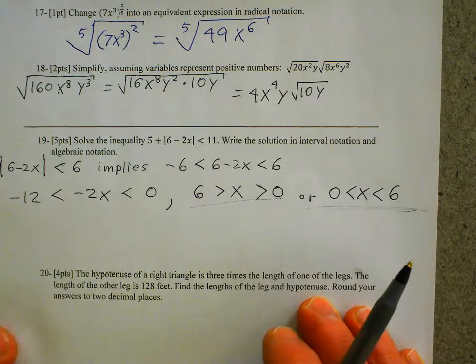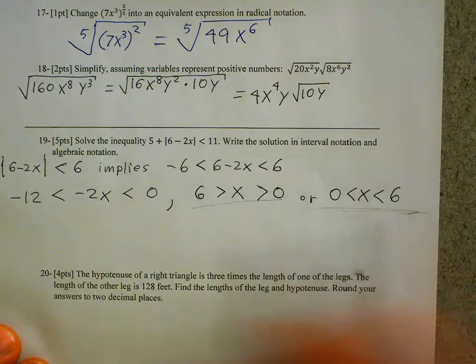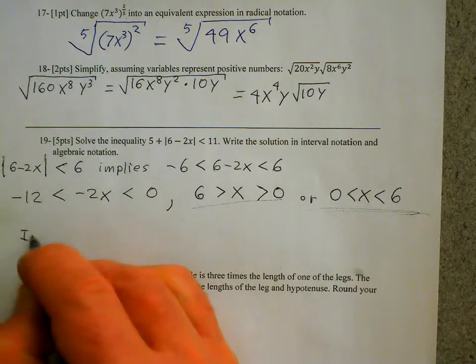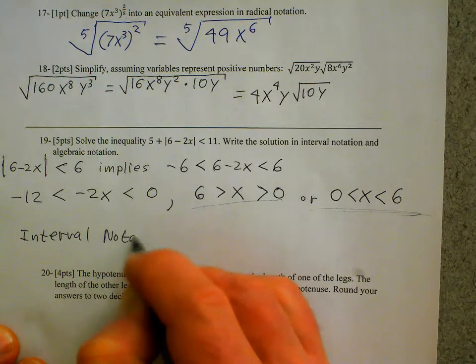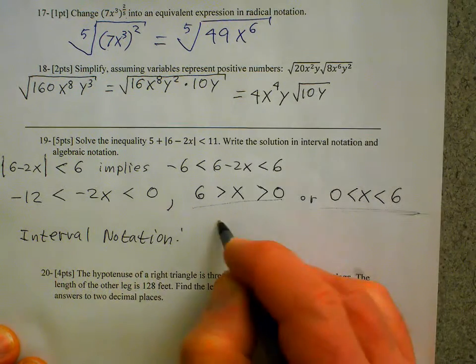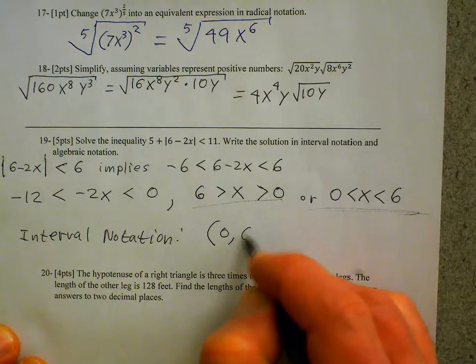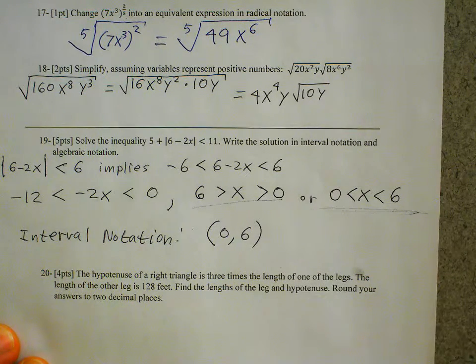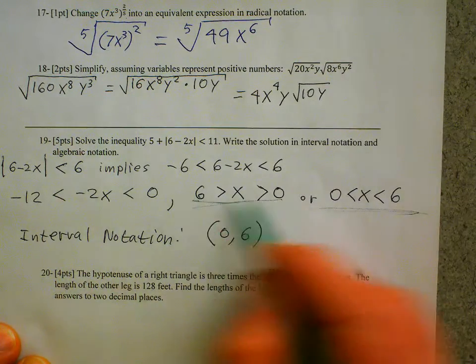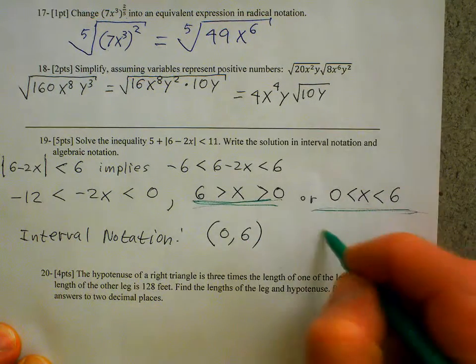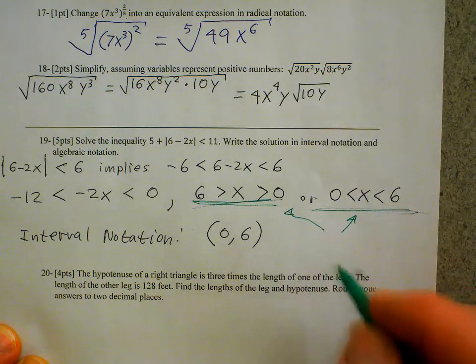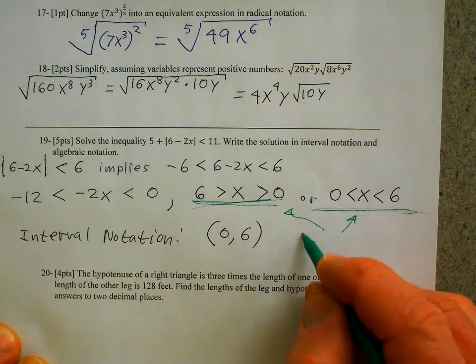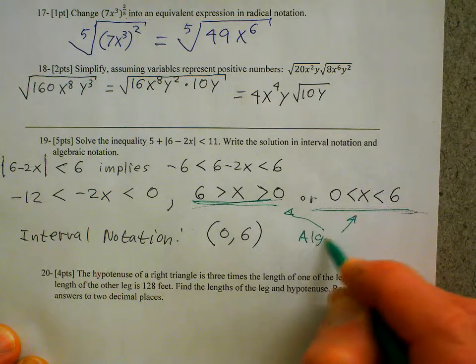The interval notation does have to be in a certain order, though. So the interval notation is parenthesis 0, comma 6 parenthesis.